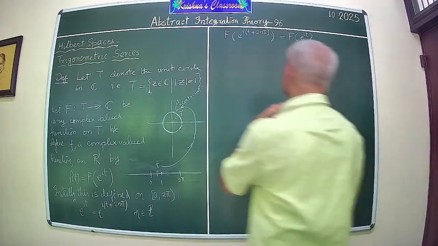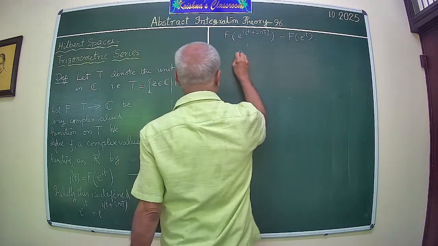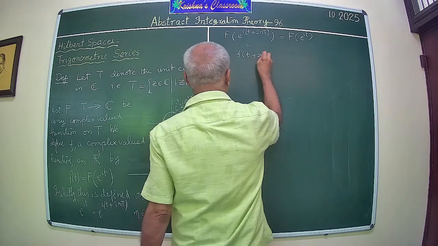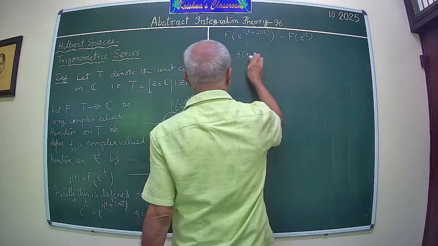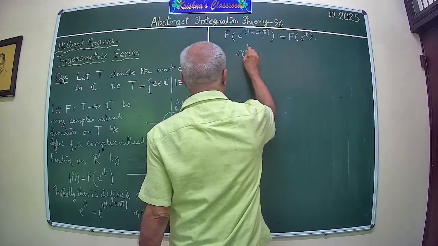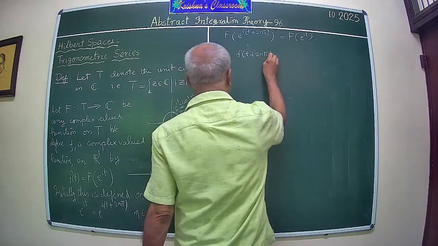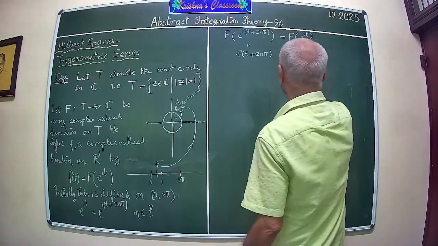Therefore, what you have is the following. This is equal to F of, by definition, and this is equal to F of.